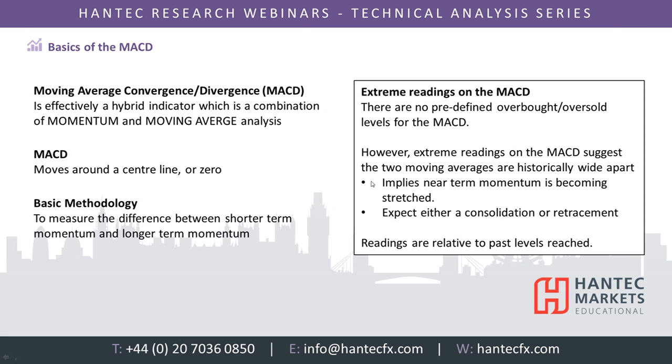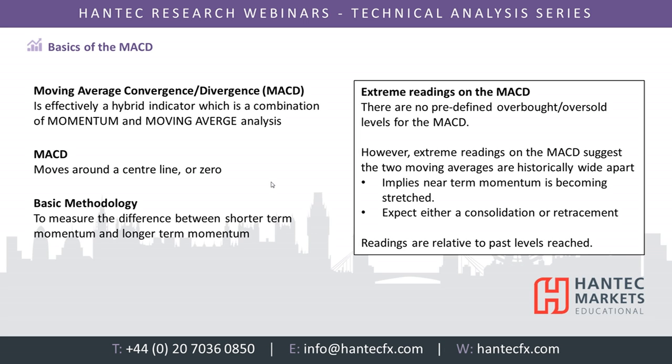Right, we're going to start off with just a few basics behind what the MACD is. Now, last time out I talked about the RSI, which is as I said, one of my favourite indicators, but the MACD is another one of my favourite momentum indicators, and it was devised in the 1960s by a chap called Gerald Appel, and he basically decided to just bring a combination of two sets of indicator theories, really.